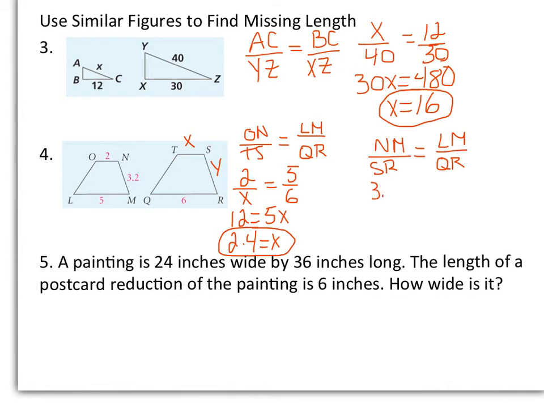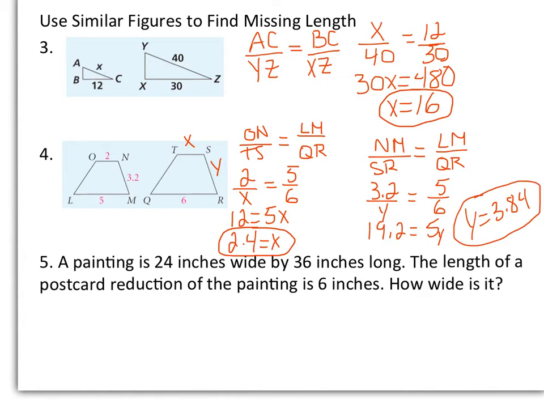So 3.2 is to Y as 5 is to 6. Okay, then taking the cross product, we have 19.2 equal to 5y. Divide by 5, we get that y equals 3.84. So SR is 3.84.